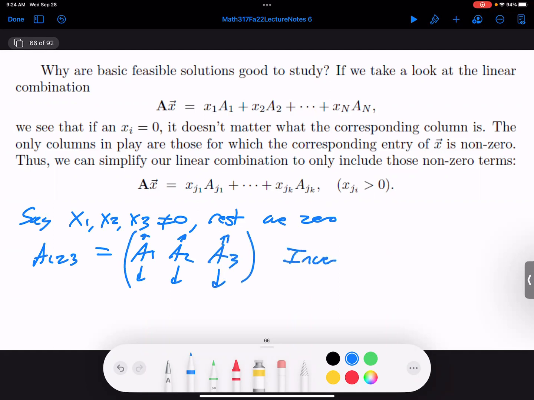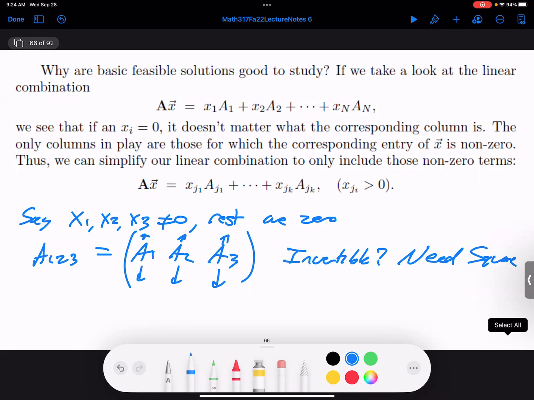Is this always invertible? The columns are linearly independent. Is that enough to force A to be invertible? Why not? Yeah, we don't know the matrix is square. Need square.